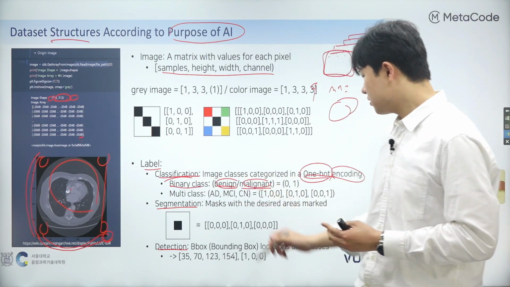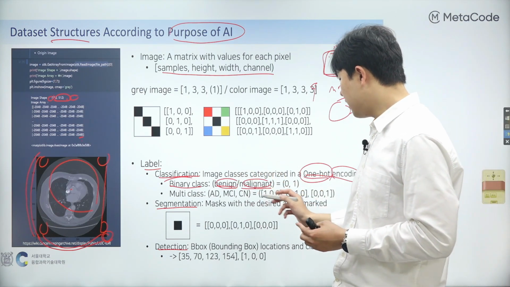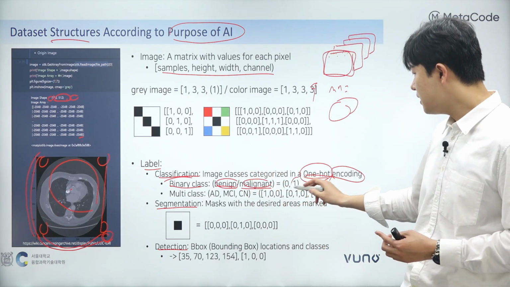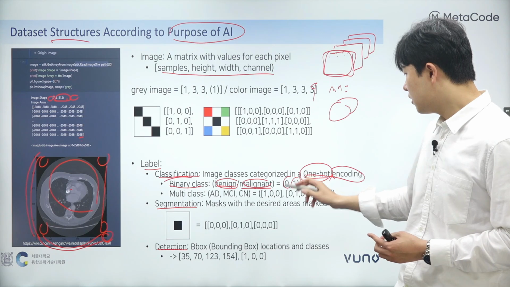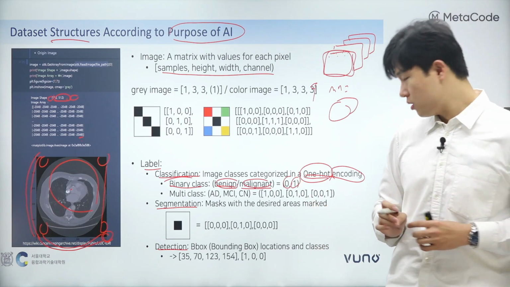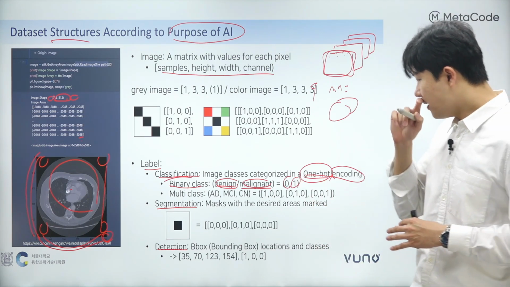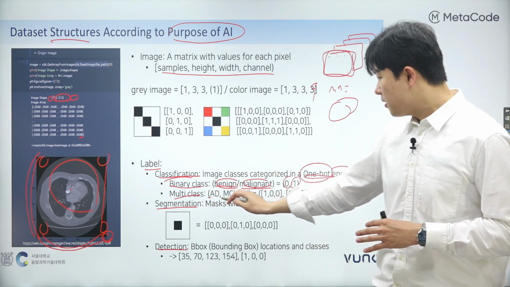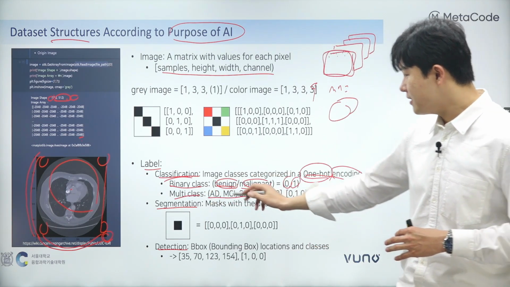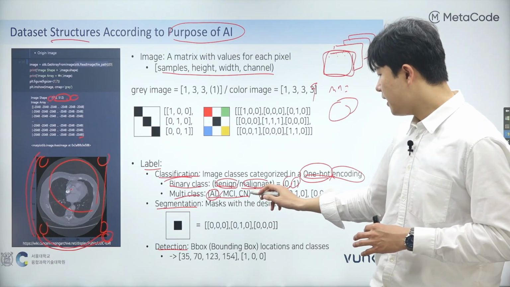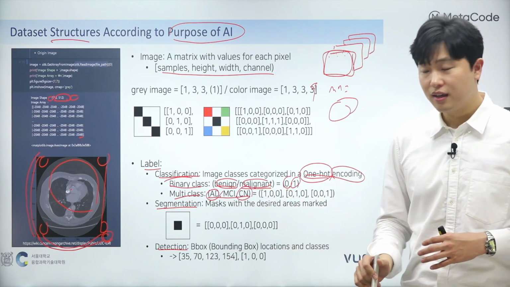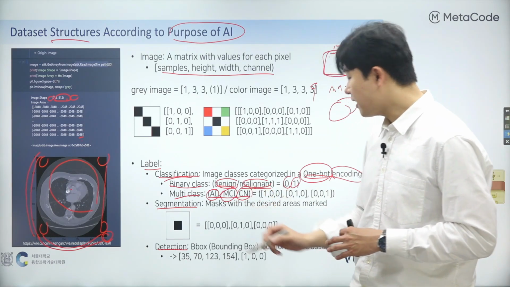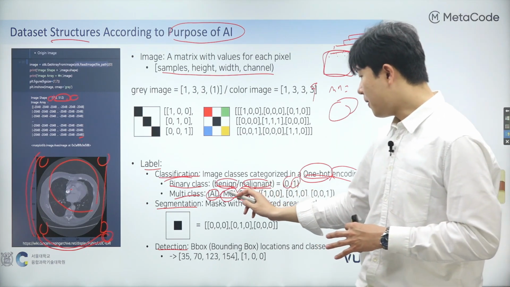For cases with only 2 classes, such as benign and malignant, we might assign malignant as 1 and benign as 0, converting the text into numerical values. But what happens when we have multiple labels? Consider a diagnostic test for detecting Alzheimer's, where the potential labels might be Alzheimer's disease, cognitively normal, or mild cognitive impairment.